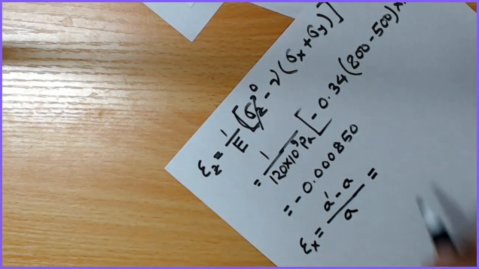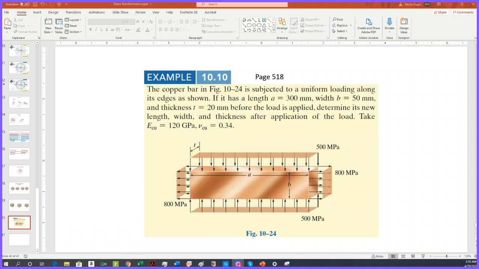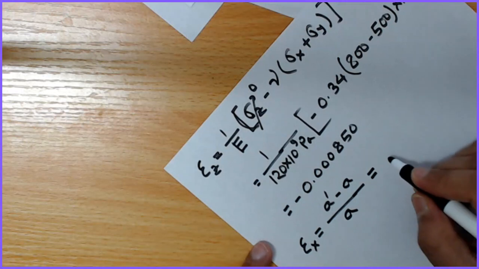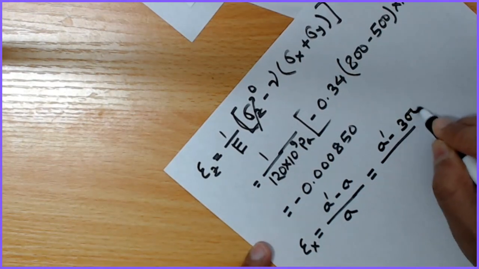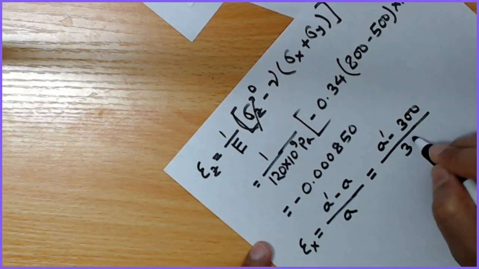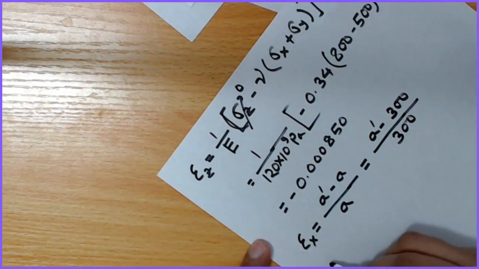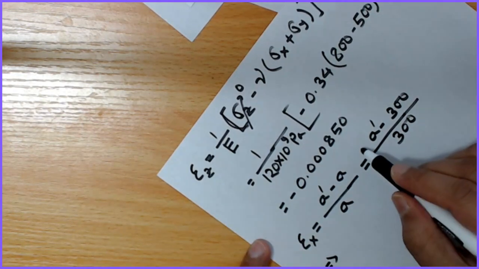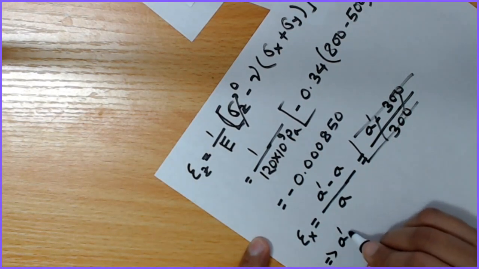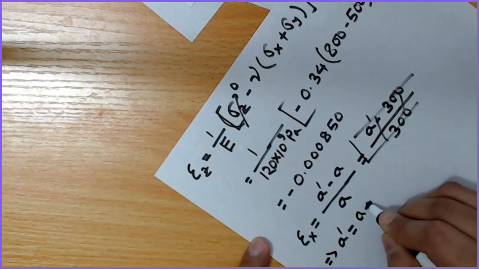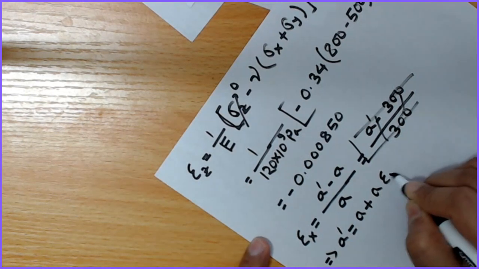Given that a is 300 millimeter, if we rearrange this, a prime is equal to a plus a epsilon x.